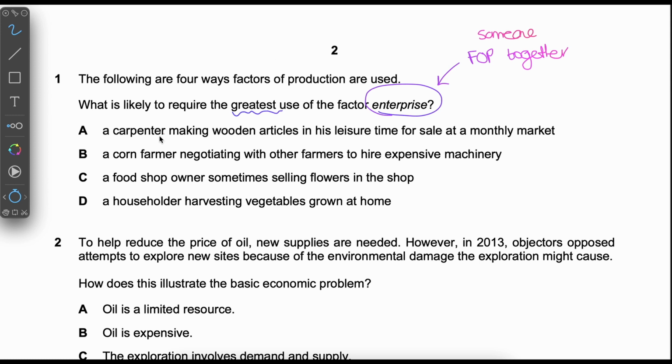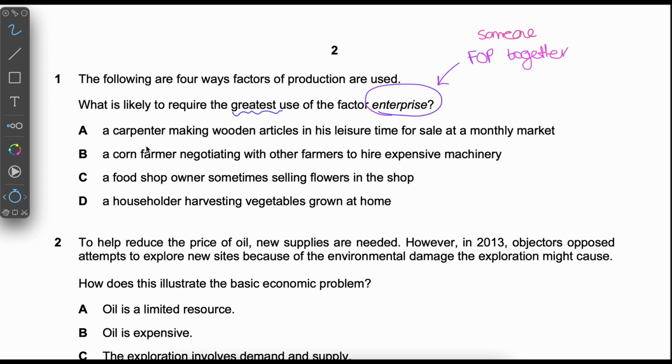Okay, so a carpenter making wooden articles in his leisure time for sale at a monthly market, a corn farmer negotiating with other farmers to hire expensive machinery, a food shop owner sometimes selling flowers in the shop, and a householder harvesting vegetables grown at home.